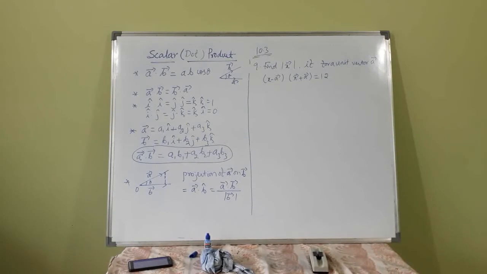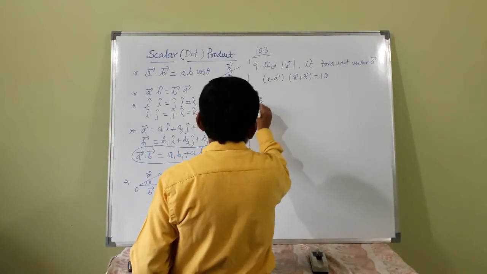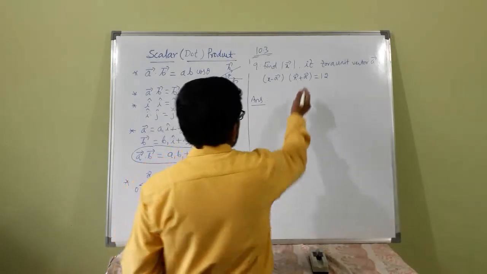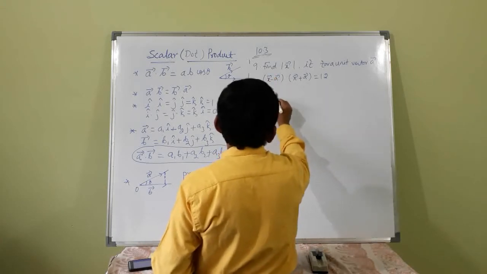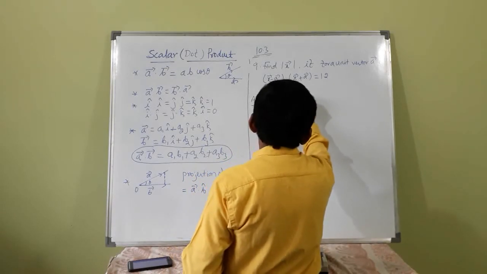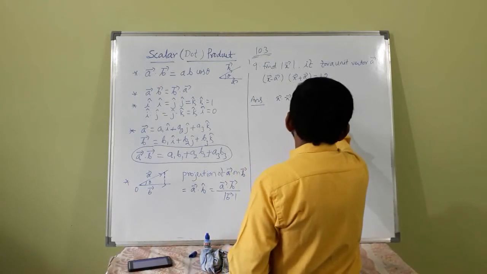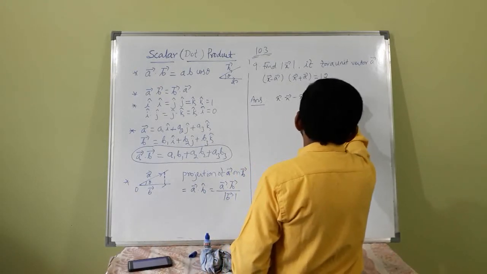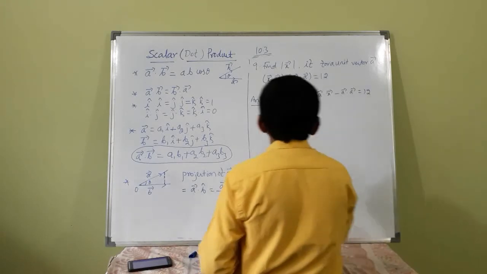We are asked to find magnitude of vector x here. A is unit vector. Okay. So answer is, again multiply this. This is also vector. X dot x minus x dot A plus A dot x minus A dot A is equal to 12.